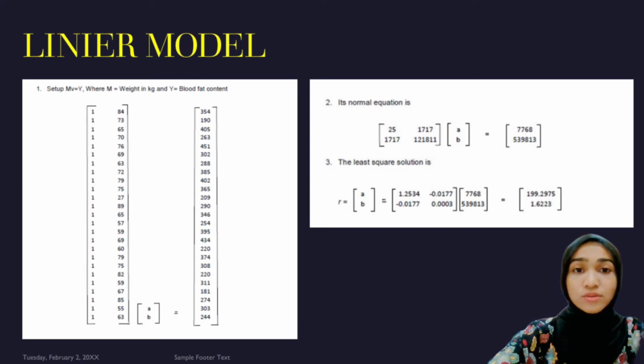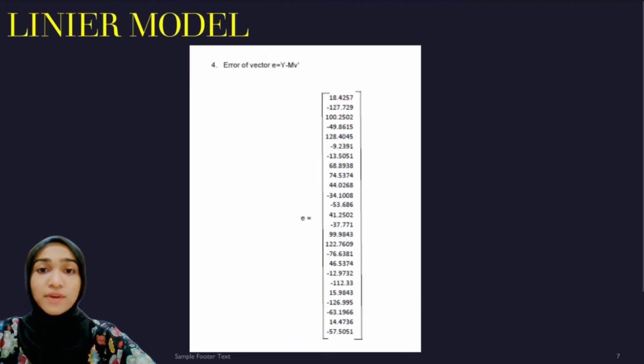Then we can construct its normal equation. Then we can obtain the least square solution, which is 199.2975 and 1.6223. After that, we can find the error magnitude for this data.